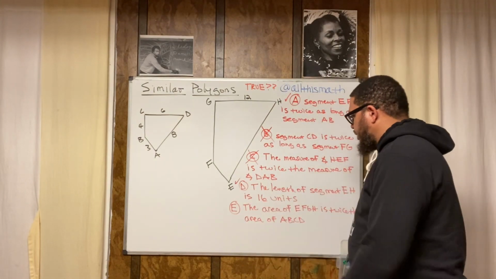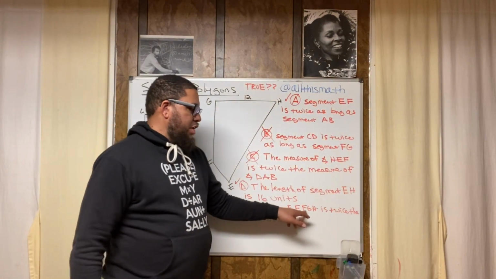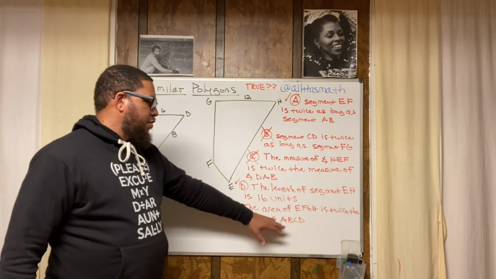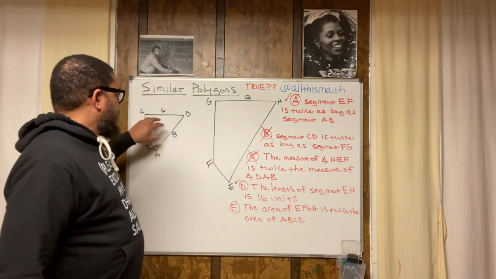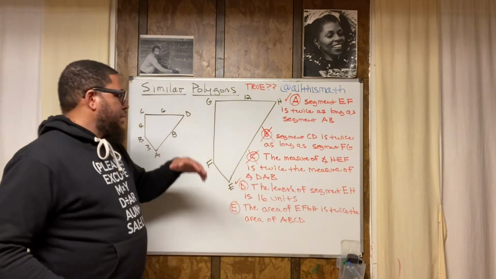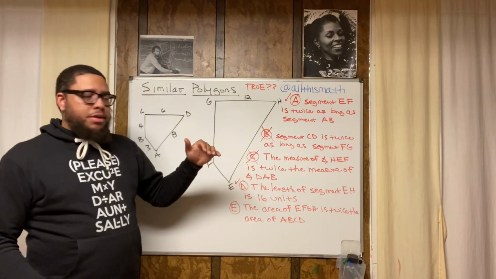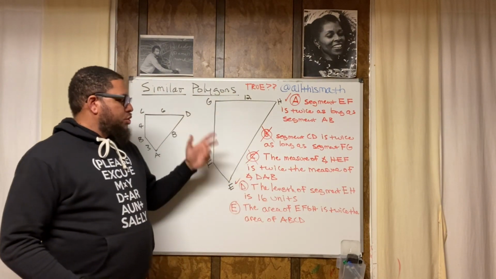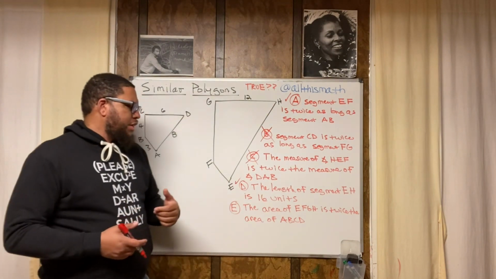All right, last but not least, statement letter E: the area of EFGH is twice the area of ABCD. So that's also going to be true because the amount of space inside is going to be doubled because the lengths of the sides are going to be doubled. Now, this is not a rectangle or a square, so we can't just multiply the length by the width.